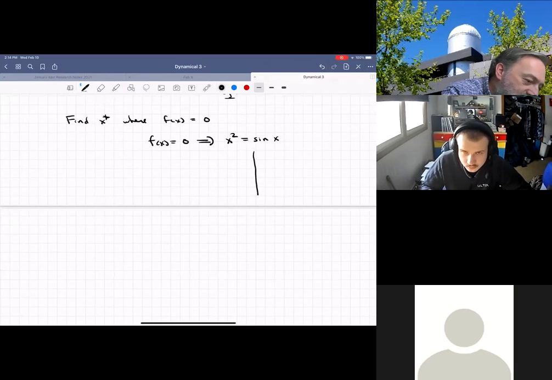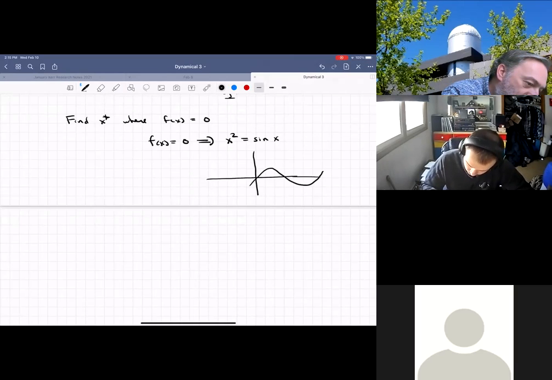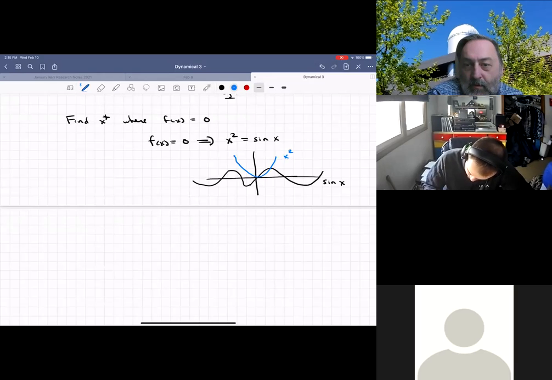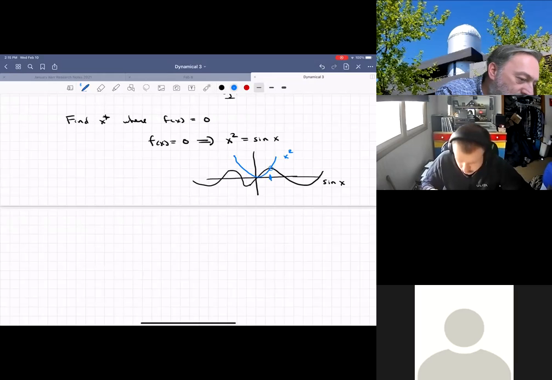On the other hand, if I plotted sine of x and I plotted x squared, I see that there's some point here where x squared is equal to the sine of x.